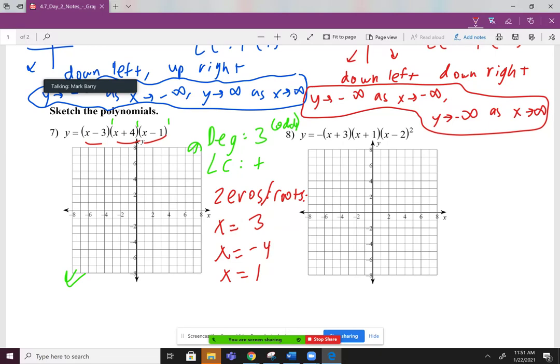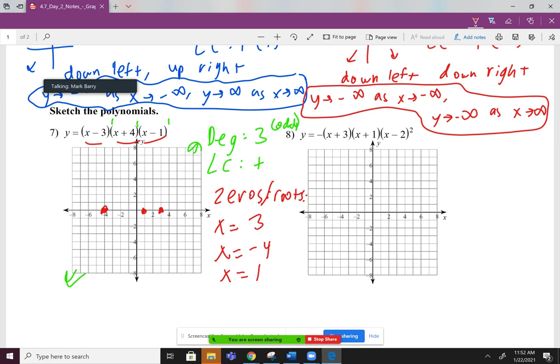For x plus 4, we're going to put negative 4. And then for x minus 1, we're going to put 1. So those are coming from the parentheses. I'm going to draw those on the x-axis here. So we'll draw it at negative 4, at positive 3, and positive 1.